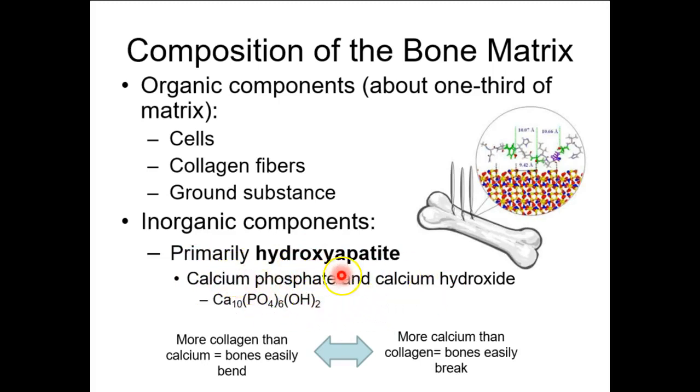Aside from hydroxyapatite, you also have quite a bit of collagen fibers in your bone, and structurally they are both very, very important. You need a very healthy mix of collagen and hydroxyapatite to create the strength and flexibility of a living bone.